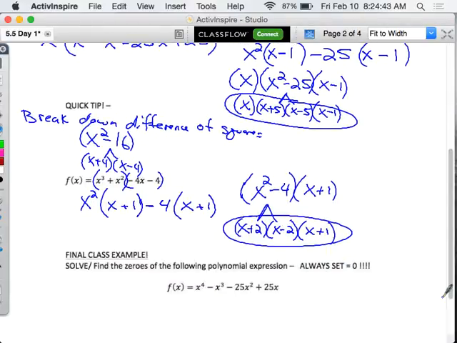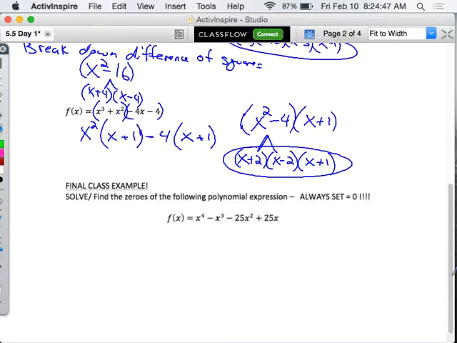So we're bringing down this answer right here. So we have, always set these things equal to 0. So we have 0 equals x times x plus 5 times x minus 5 times x minus 1.